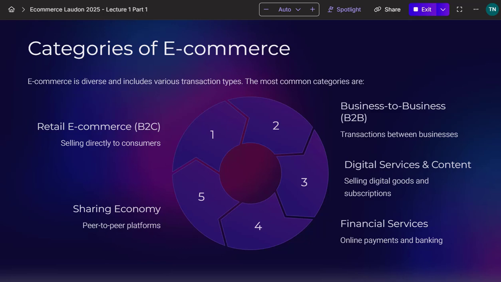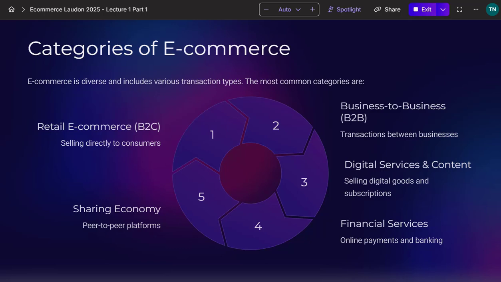We look at the categories of e-commerce. E-commerce is diverse and includes various transaction types. The most common categories include retail e-commerce or B2C, business to consumer, selling direct to consumers. The second is B2B or business to business, transactions between businesses.